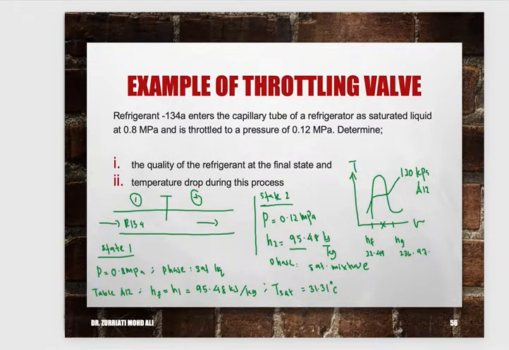Since the outlet is a saturated mixture, the question asks about the quality of the refrigerant. So how to find the quality? Please remember, for a mixture we have a special formula. Since we have enthalpy, we can get the quality from this formula: h2 is equal to hf plus x hfg, and then x is equal to h2 minus hf over hfg.